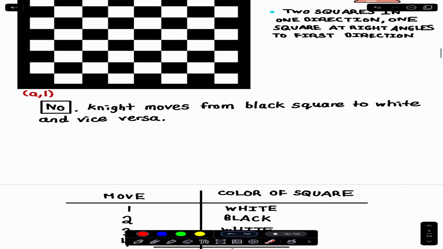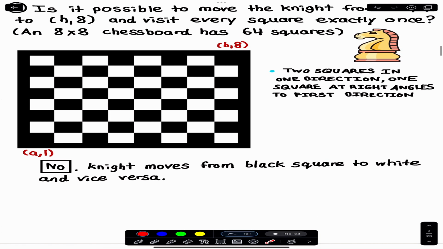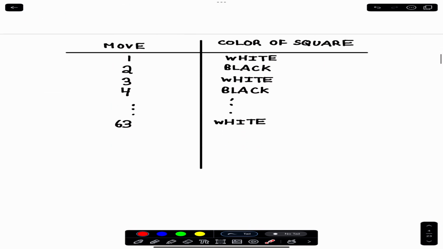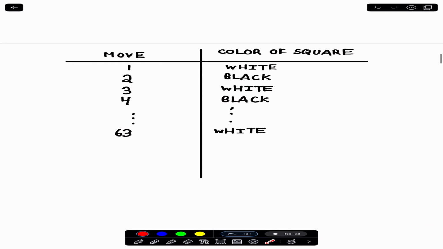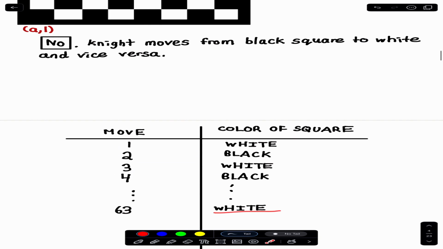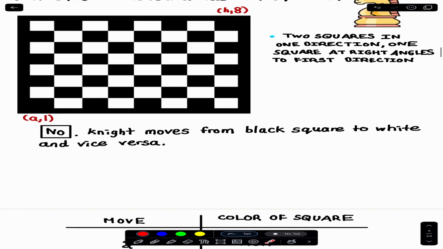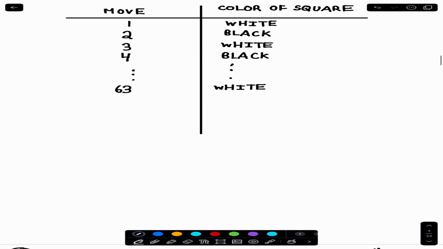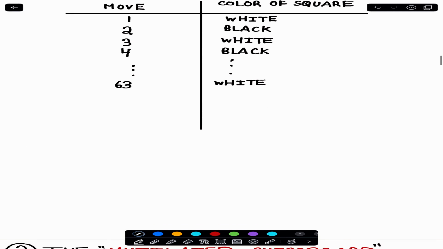But if we look up, is h comma 8 a white square? No, it is not. That is a black square. So we see where the contradiction is. Based on the simple fact about the knight going from white square to black square, after 63 moves, the knight should theoretically be on a white square. But as given in the problem, h comma 8 is not white. So that is where the contradiction comes from, and that is why it is not possible.